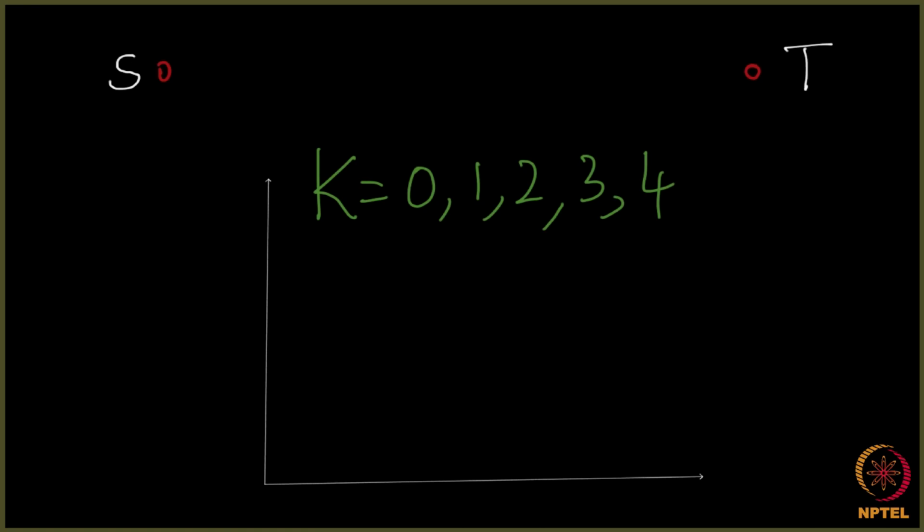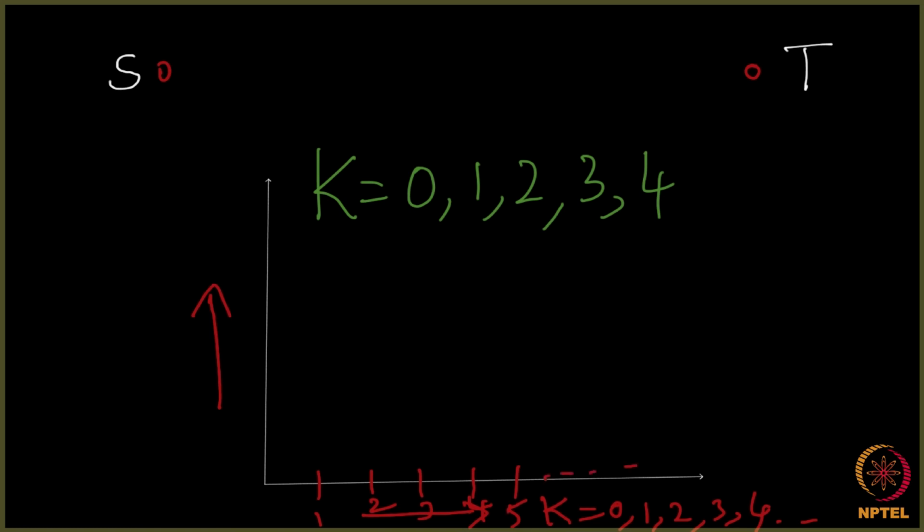On the x-axis you put k, which is basically 0, 1, 2, 3, 4, 5, and so on. And on the y-axis you put, let's say, the distance.